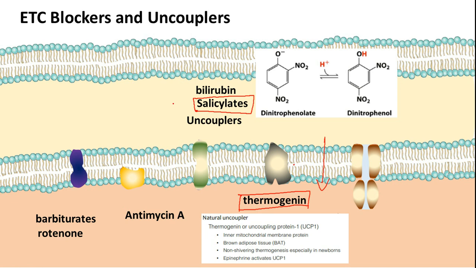How come salicylates are used as a drug when they are known to uncouple the electron transport chain? I think you remember one drug, para-amino salicylic acid, in short we call it PAS.